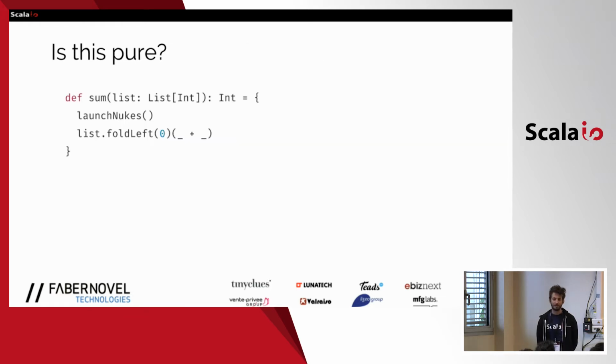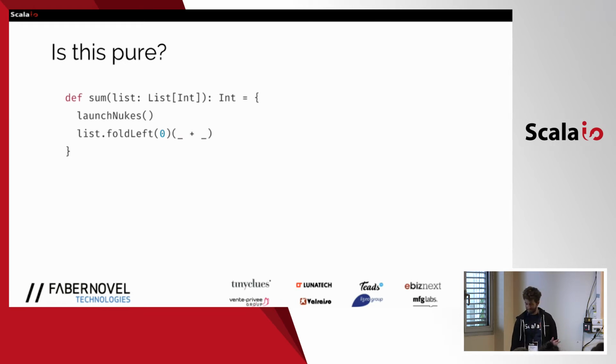Well, kind of, right? But it also modifies the external world. So this definition is pretty incomplete, right? Because this kind of returns the same thing always, but we also get this side effect in here. So this sum function is not pure unless launchNukes literally does nothing.